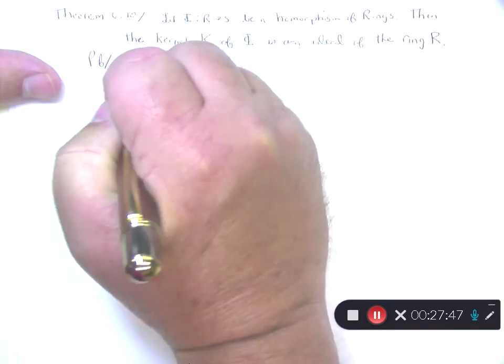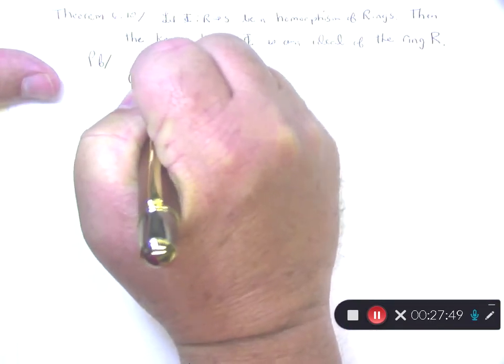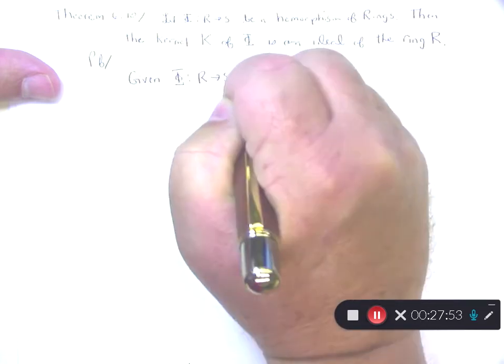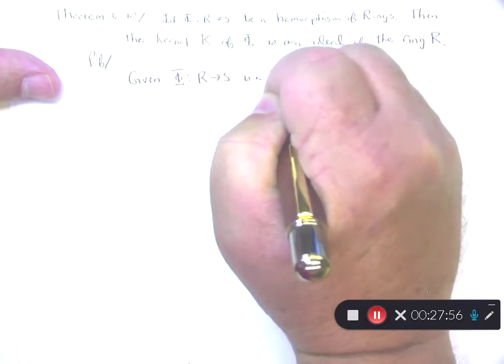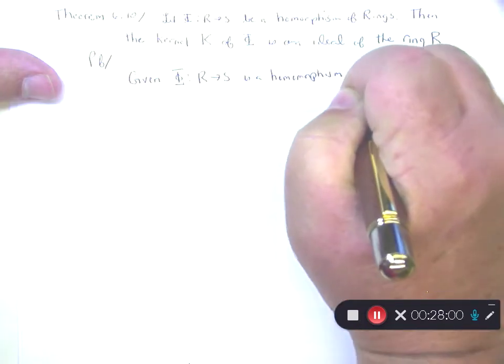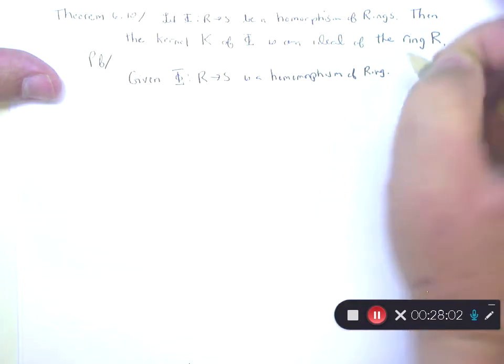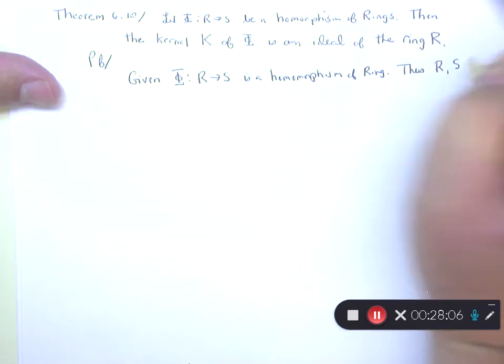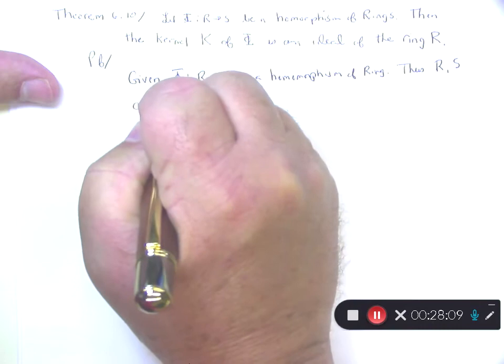So always start in a direct proof with the givens. You were given that phi going from R to S is a homomorphism of rings. Thus, R and S are rings.